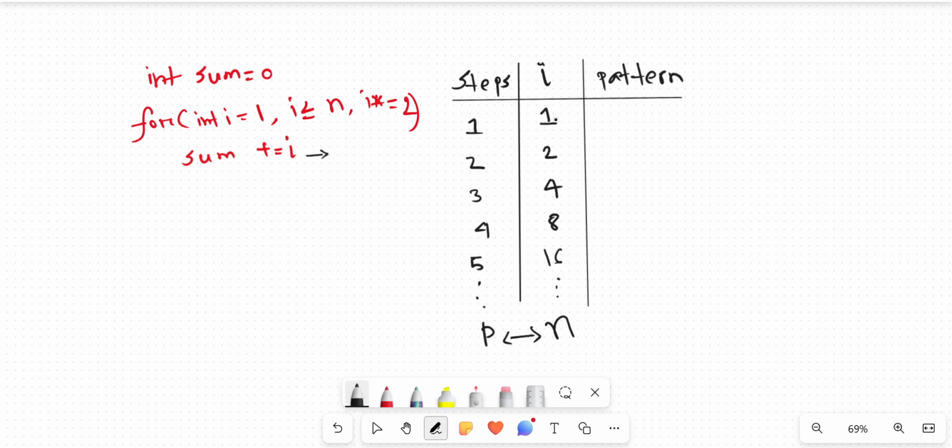If you notice carefully, it's 1, 2, 4, 8, 16. I hope you already realize it's 2 to the power 0, 2 to the power 1, 2 to the power 2, and so on. It's actually powers of 2: 2 to the power 0, 1, 2, 3, 4, and so on. So what will be the power here?